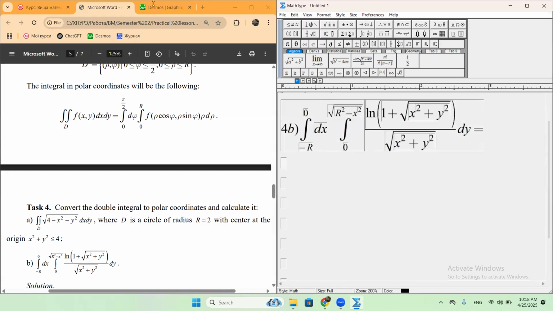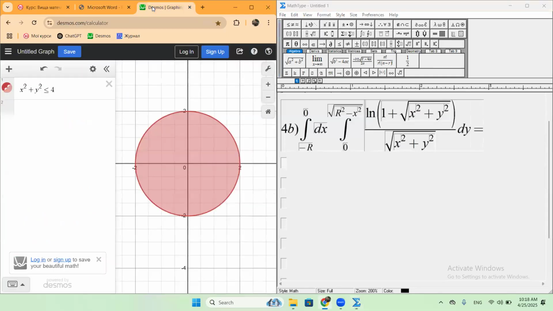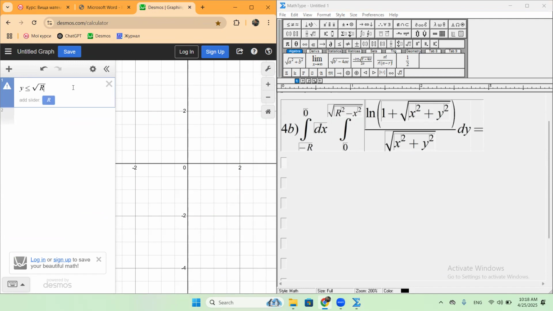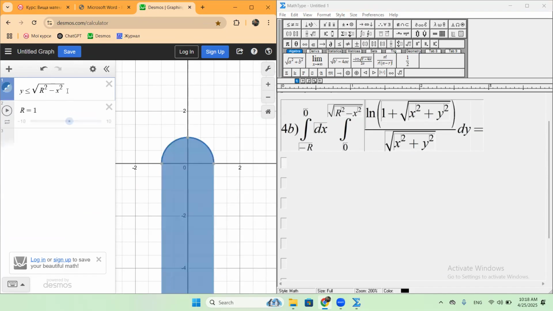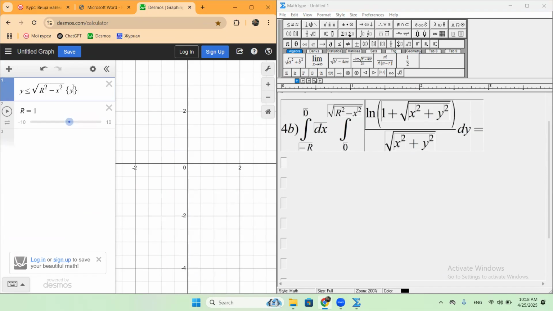Okay. Again, let's plot the region. So y is less or equal than square root of r square minus x square. Yeah, y is greater or equal than 0, and x from minus r to 0.